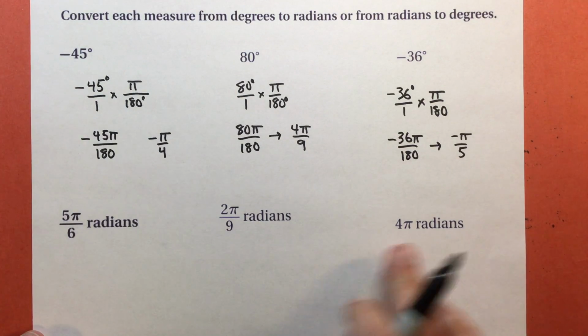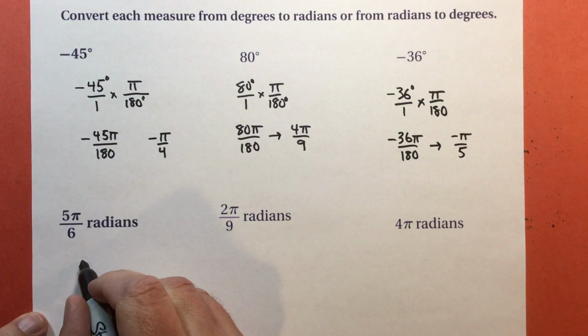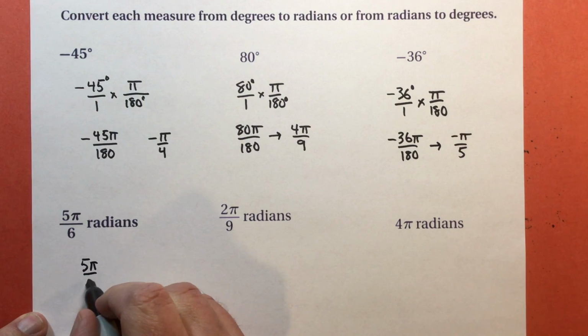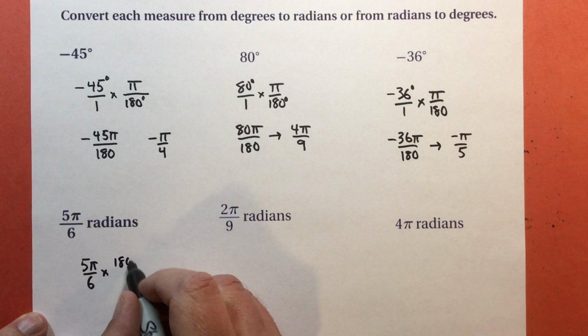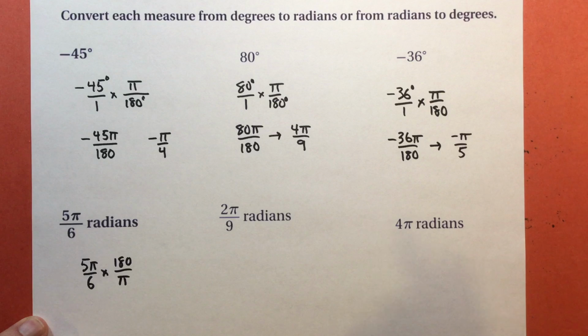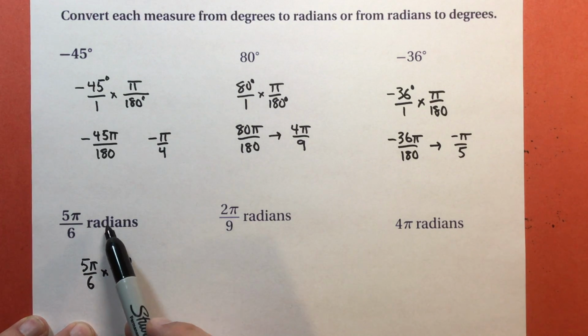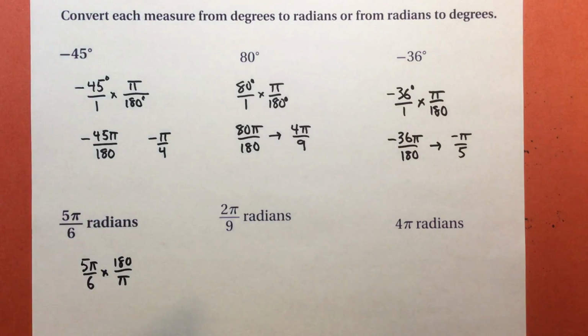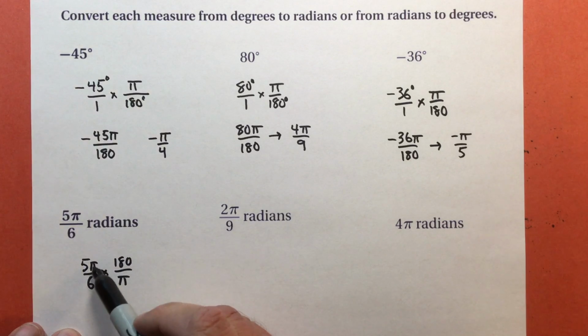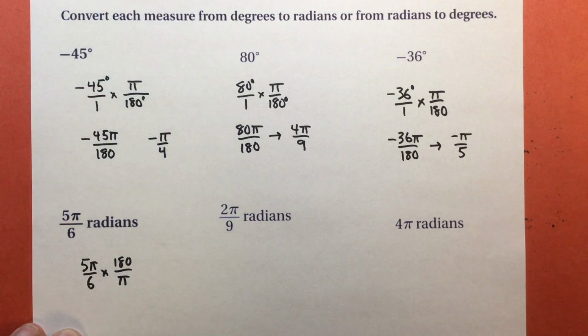All right, let's convert from radians to degrees. So I'm going to do 5 pi over 6, and this time I'm going to multiply by 180 over pi. One thing to remember, if I'm going from radians to degrees, the pi, I just leave it as pi, I don't write it as 3.141592. The pi's are going to reduce. Those things are going to disappear.